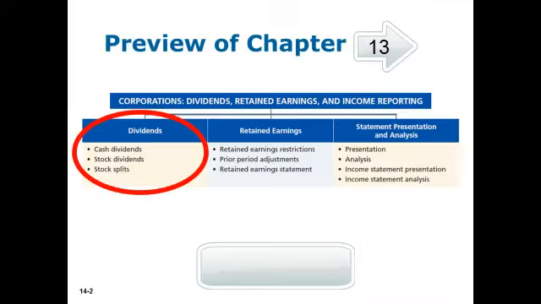So again, just concentrating on dividends: cash dividends, stock dividends, and stock splits technically are not a stock dividend. Some of the effects are similar, but not all.